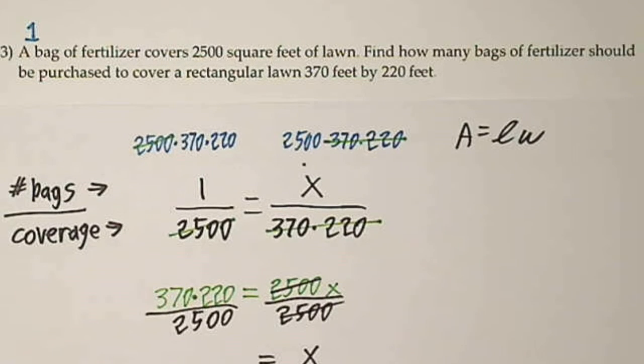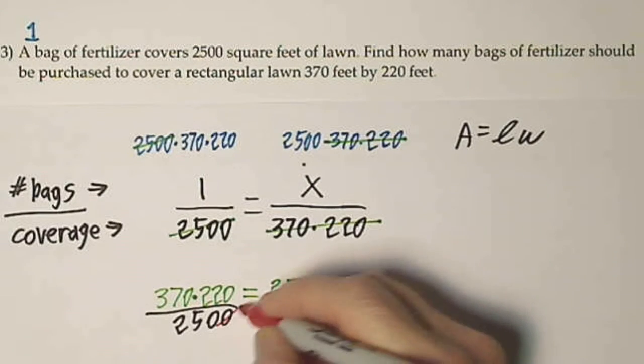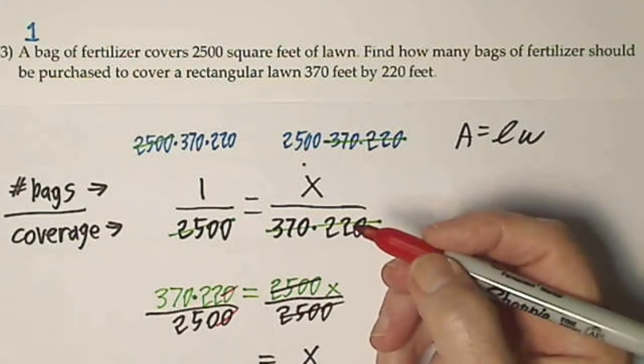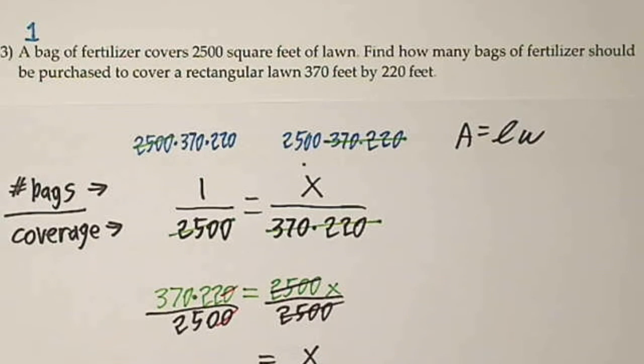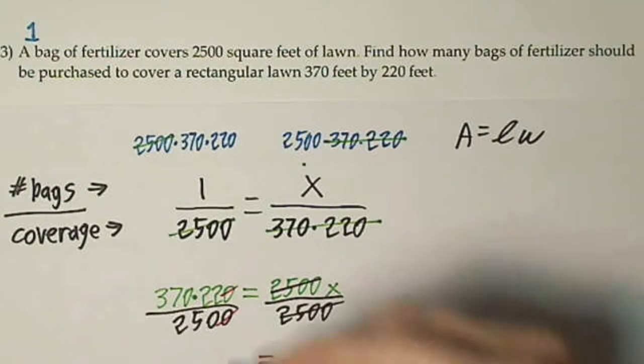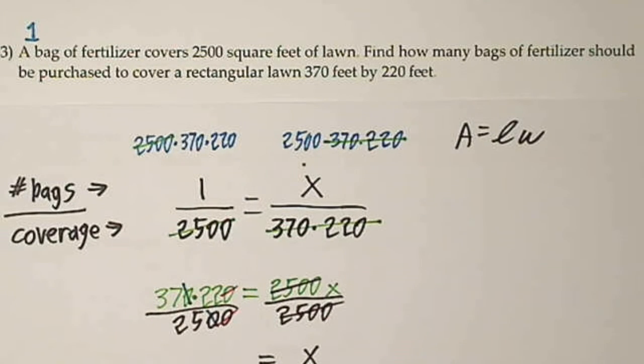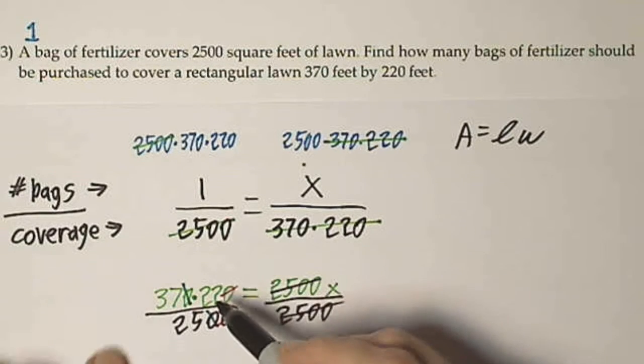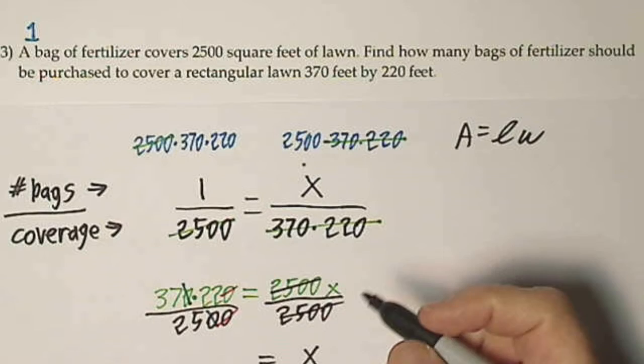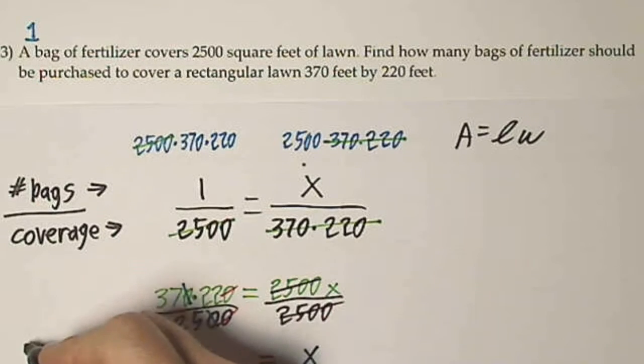And notice over here we can do some canceling with very little trouble. Divide by 10, divide by 10. And you can also divide by 10, divide by 10. So there's a lot less to worry about. There's still a fair bit though. So 37 times 2 times 22.